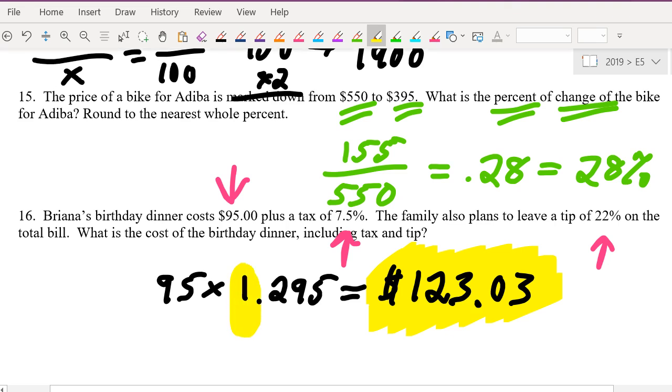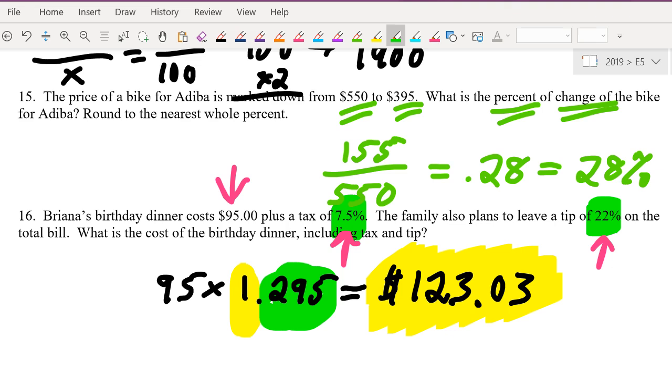Now, why did you have the 295? How did you get that? I added 7.5% and 22%. So 7.5 plus 22 is 29.5%. And the way you put that in the calculator is move the decimal over, 0.295.